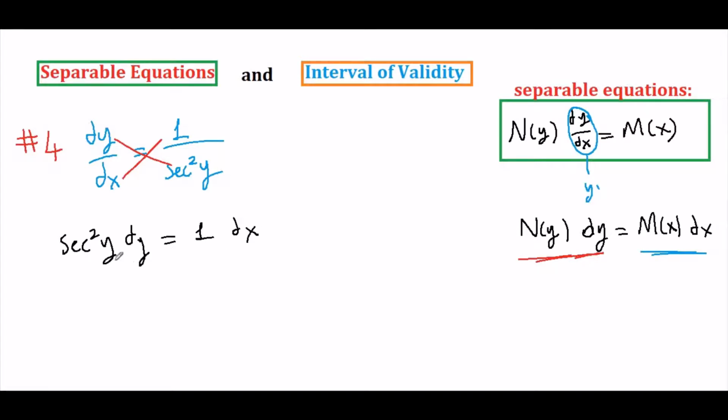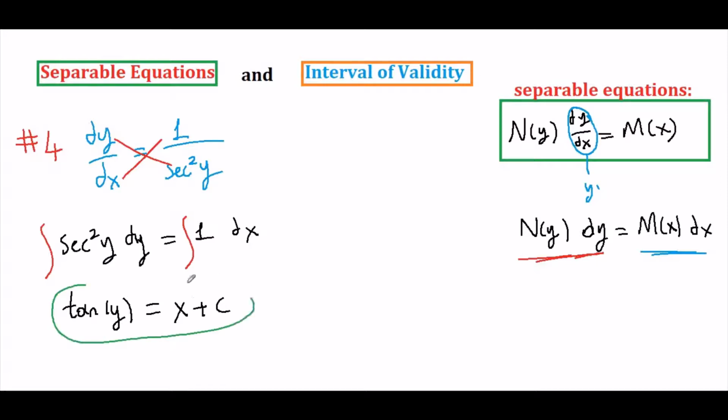Since y is on the dy side, we can start integrating. The antiderivative of secant squared is tangent, so we have tangent of y equals the antiderivative of 1 with respect to x, which is x plus c. So this is our implicit solution.